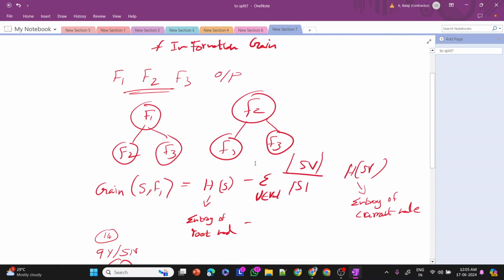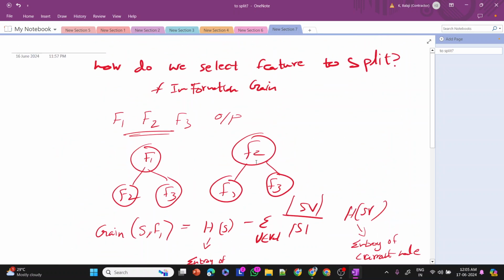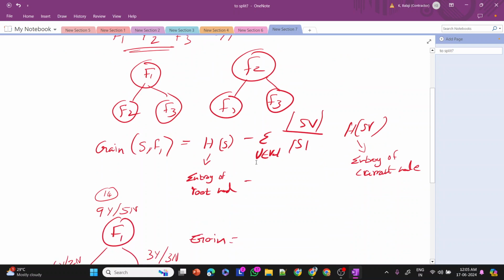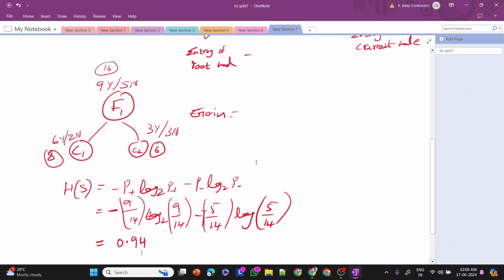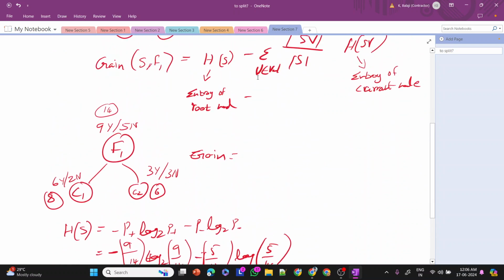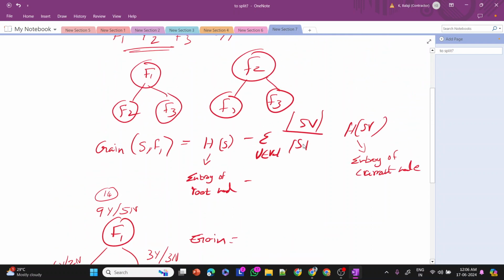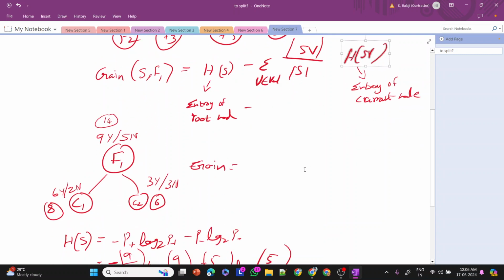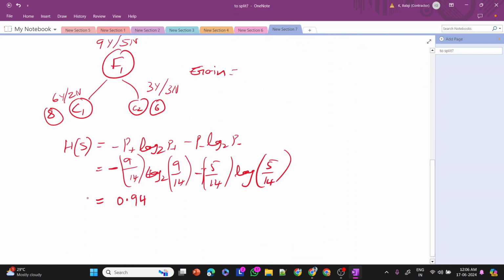Then we need to find H(Sv). For the subnodes, we want to compute the entropy for C1.